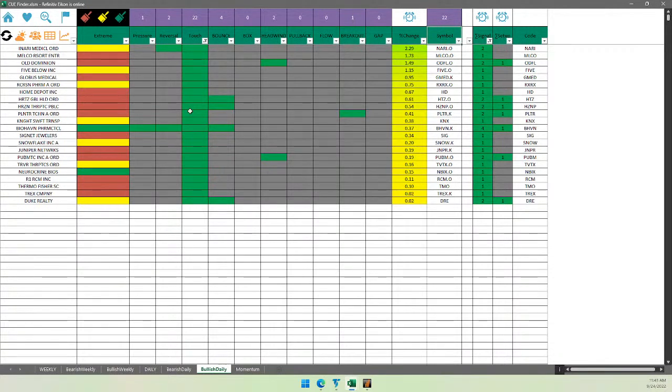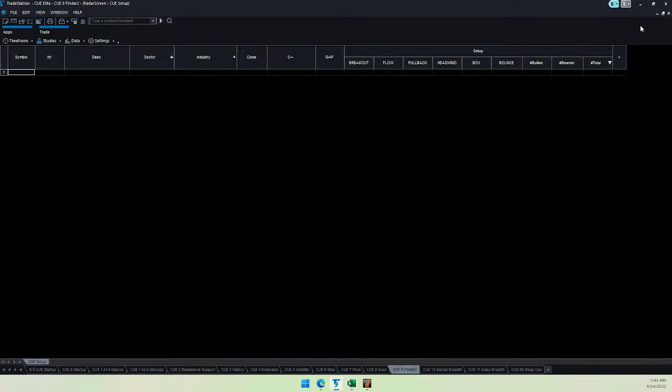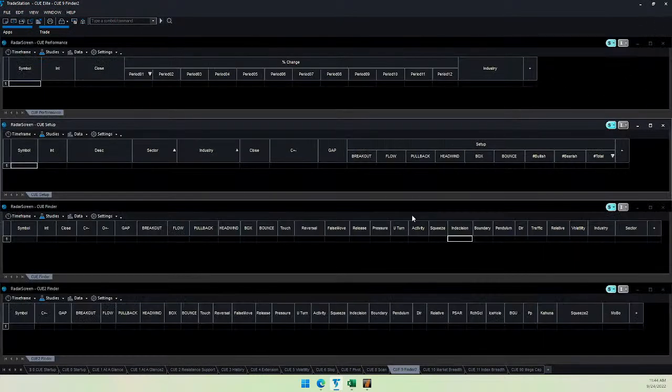If they are strong, they are touching trend line support, just like the market ETFs are touching either trend line or watermark support. You get ready with those stocks, but don't buy until you see market is giving some bullish signal. You could also use TradeStation Q Elites finder tools to find stocks that are touching trend line support.